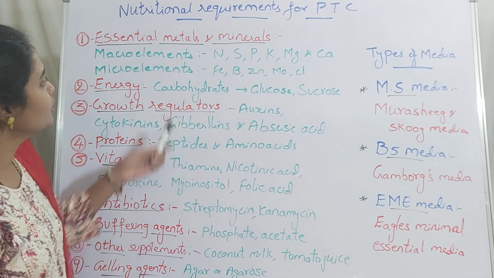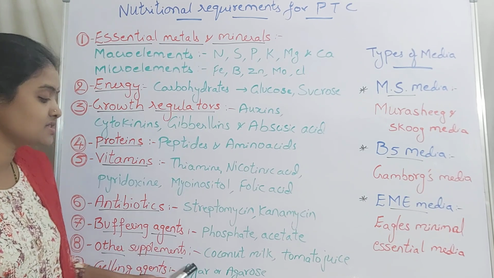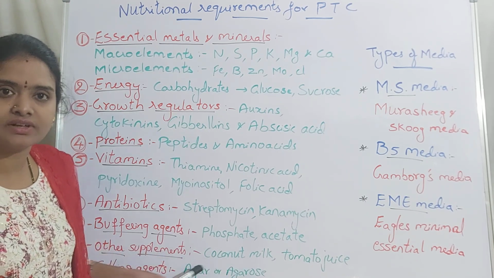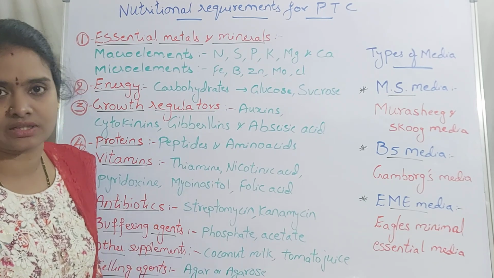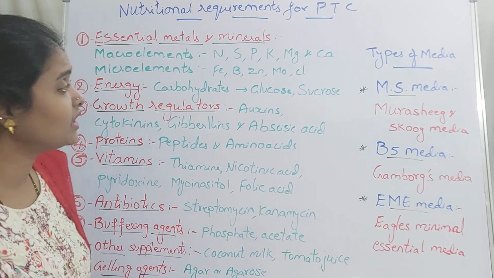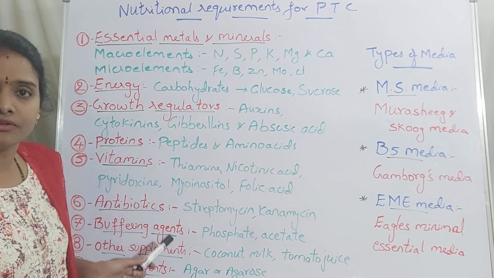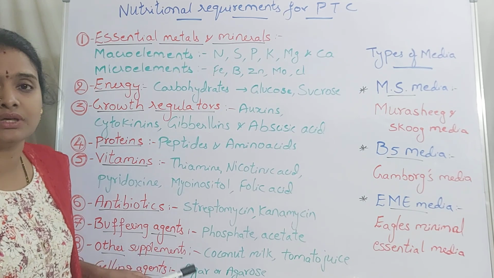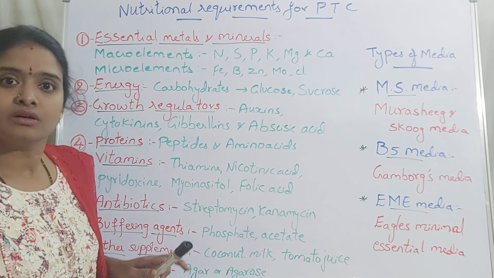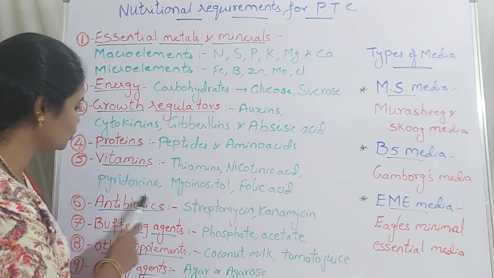Then only you are going to keep it for autoclaving, that is sterilization of the media. So here you are going to sterilize all the compounds. You are going to dissolve this agar or agarose, whatever you are using, then keep it for autoclaving. So what happens if there is any contamination in the media during preparation? All the microbial or fungal contamination can be eradicated by the autoclaving or sterilization process. Condition, here you have one condition.